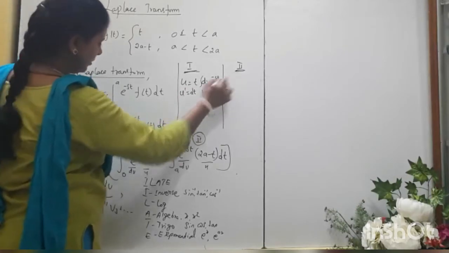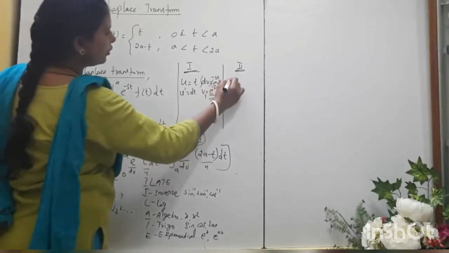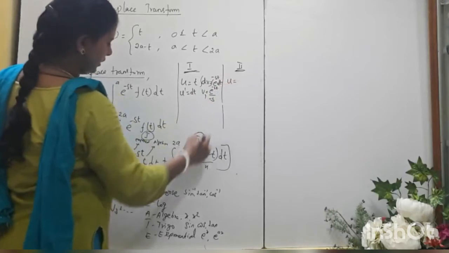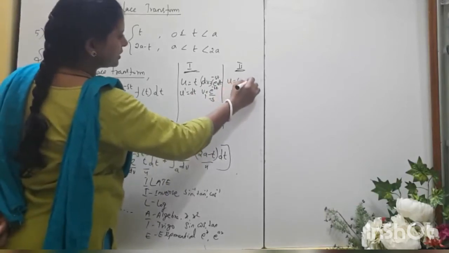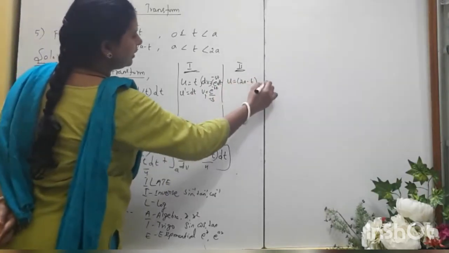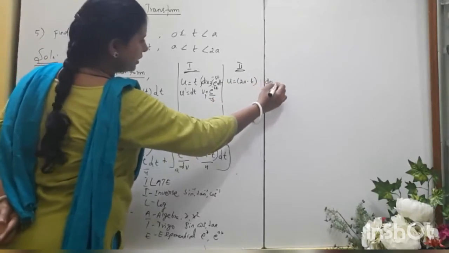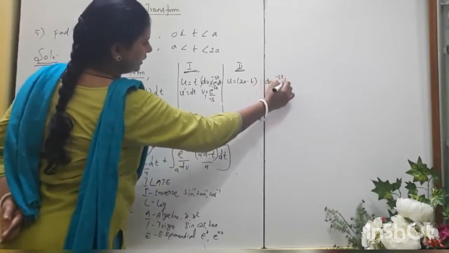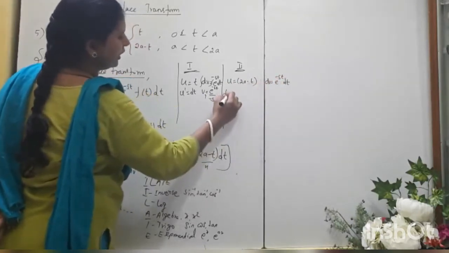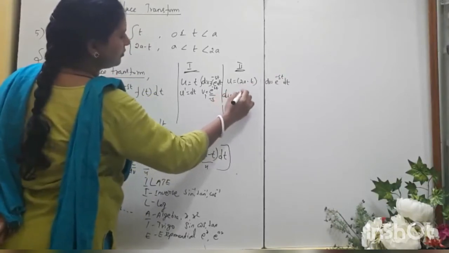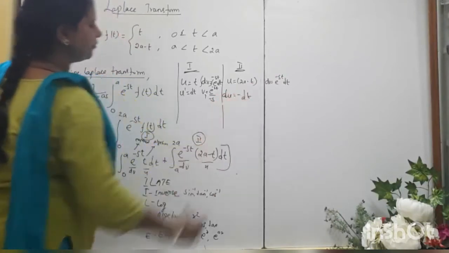So next part 2: u equals 2a minus t, dv equals e power minus st into dt. So du equals, what is that? Minus dt.